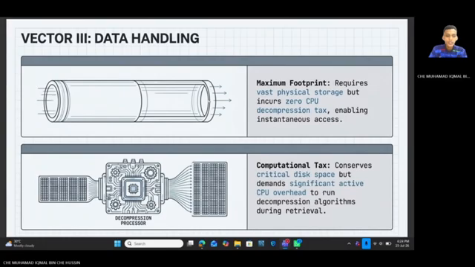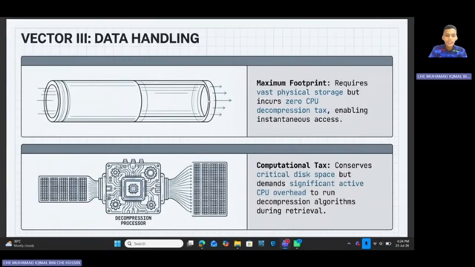Uncompressed access requires the maximum footprint of physical storage, but includes zero CPU decompression tax, enabling instantaneous access.